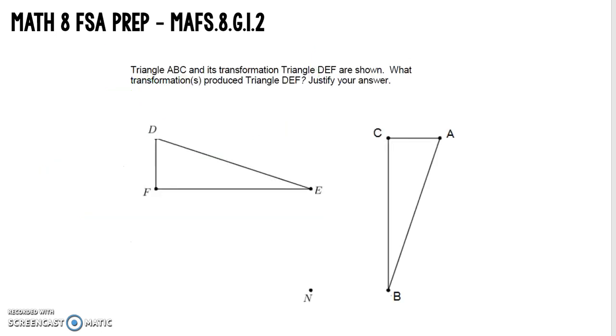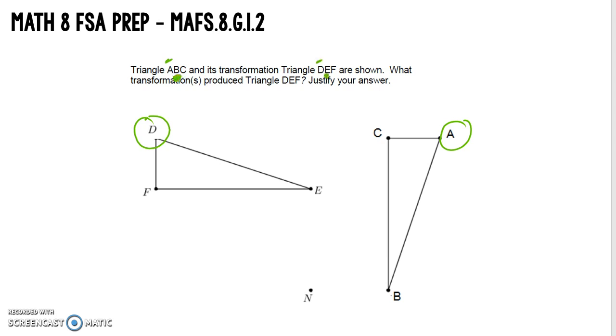All right, just 2 more problems here. Triangle ABC and its transformation, triangle DEF, are shown. What transformation produced triangle DEF? Again, let's look at those corresponding parts. A should match up with D, because A is first and D is first.